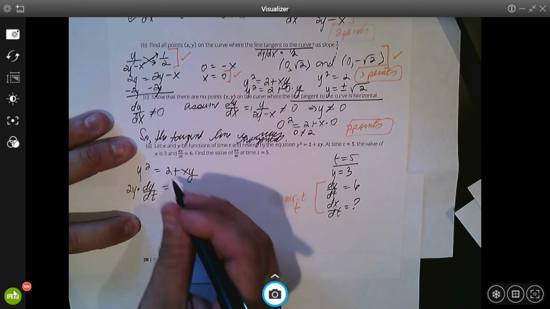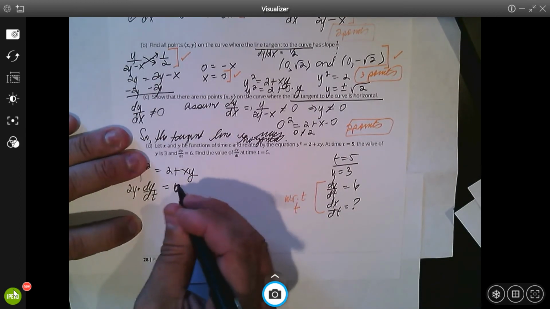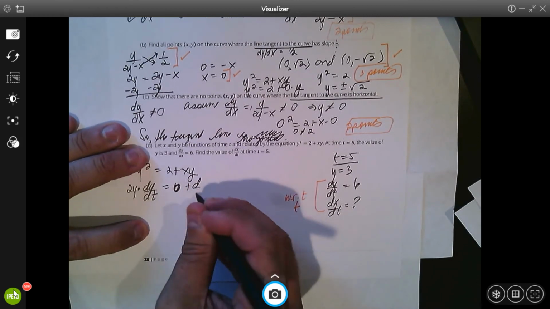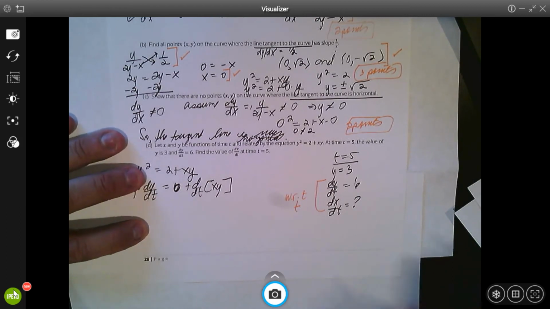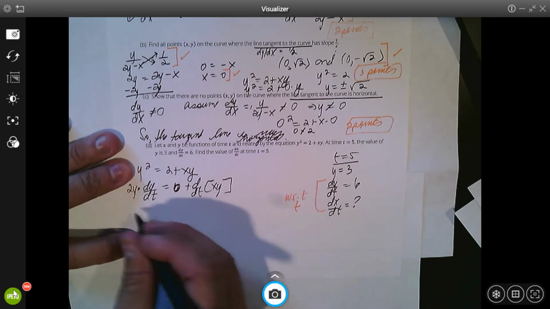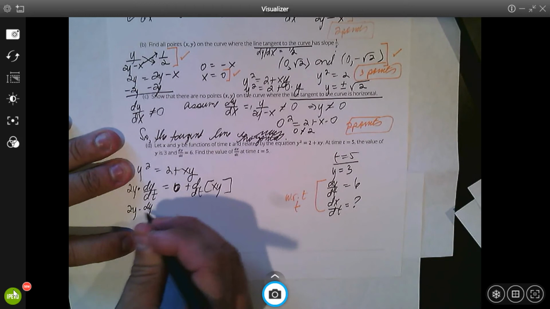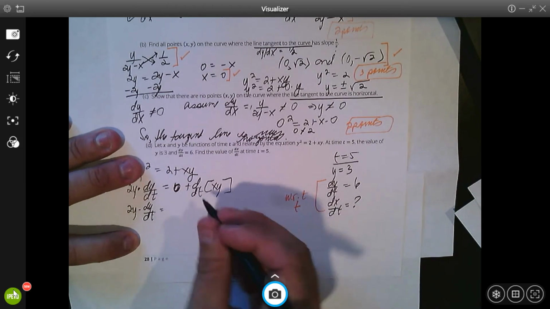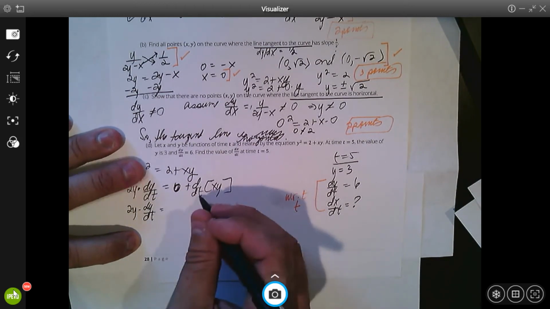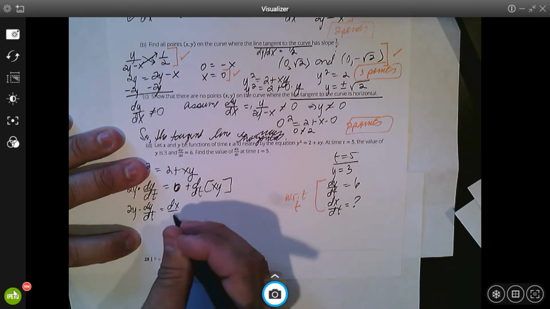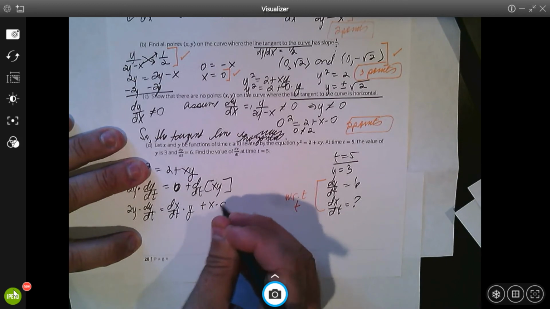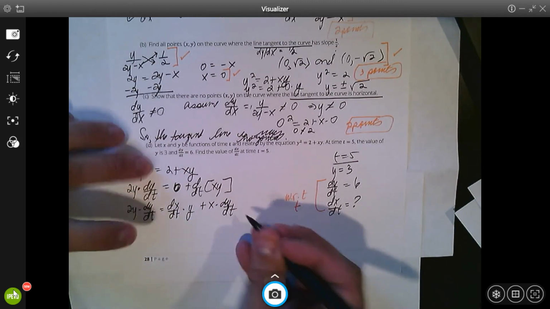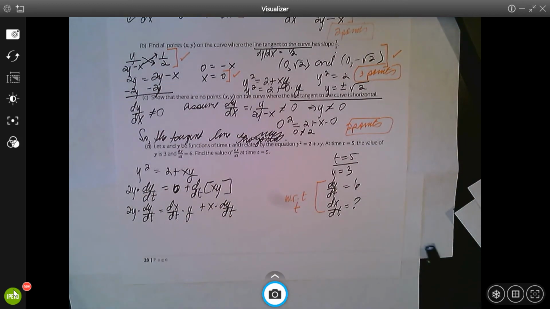That's going to be equal to the derivative of 2, which is 0, plus the derivative with respect to time of xy. And I wrote it out this way because, again, we need a product rule. The derivative of xy with respect to t will be derivative of the first, dx dt, times the second, plus the first, times the derivative of the second.